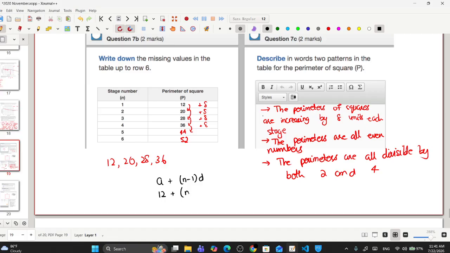If we take N on one side, this becomes 8N and 12 minus 8 becomes positive 4. So our equation essentially becomes 8N plus 4, the general rule as we call it.